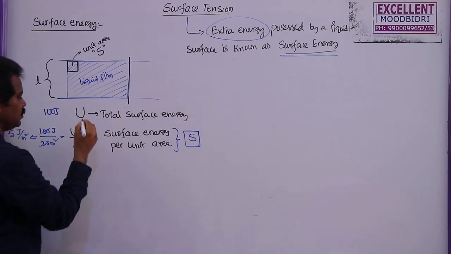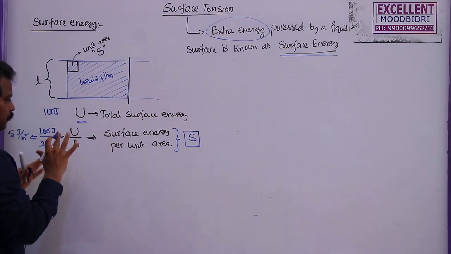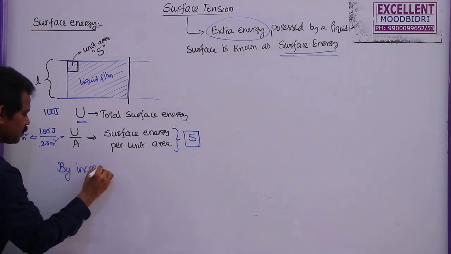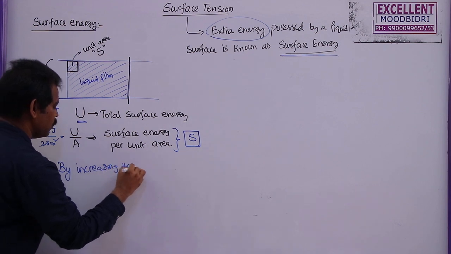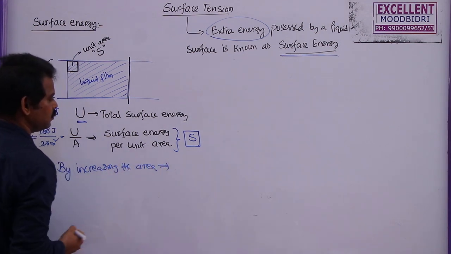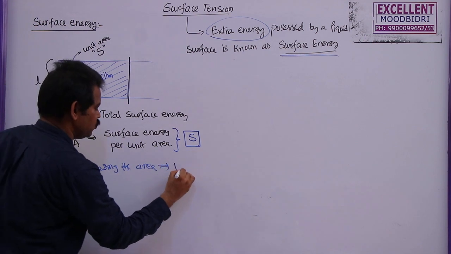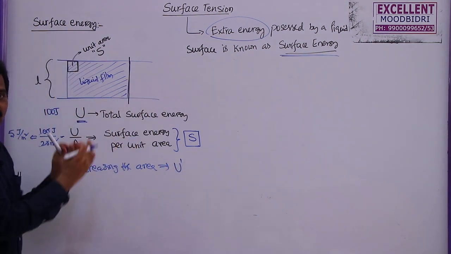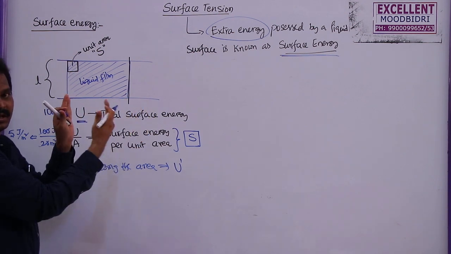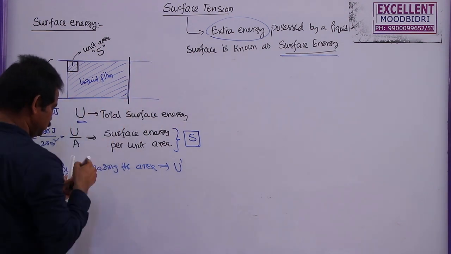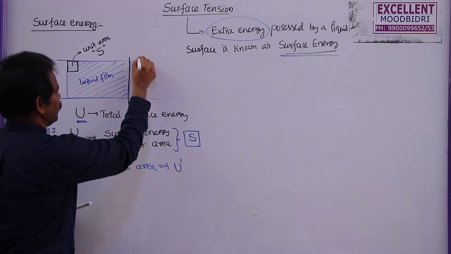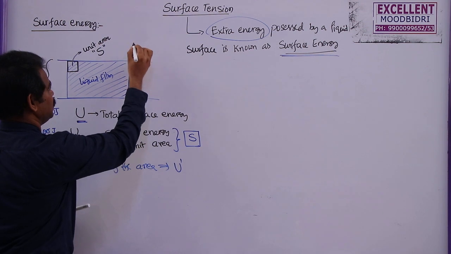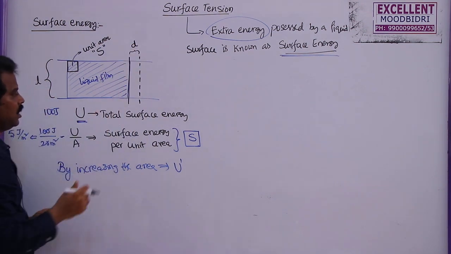So the initial energy was U. Now, by increasing the area, the total energy will increase to U dash. For this I need to do some work. To increase this soap film area, I need to do some work. Let us say this is the new position of the rod after some time, and the distance traveled is D.